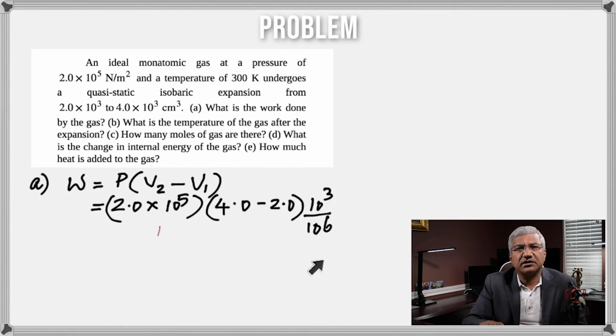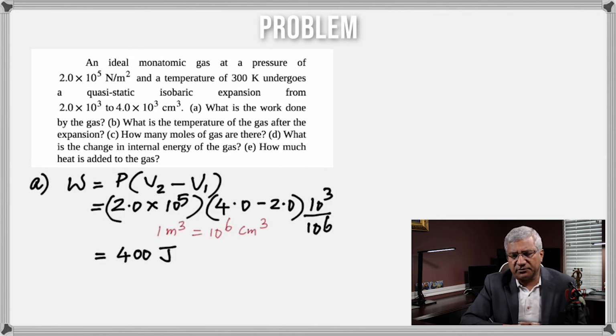So you notice this? 1 meter cube is 10 to the 6 centimeter cube. Because it's 100 times 100 times 100, okay? 1 meter is 100 centimeter. Because it's a cube, you got to multiply 3 times. So that's why we get 10 to the power 6. So once we do that, we will get the answer. And it comes out to be 400 joules. So that's the work done.